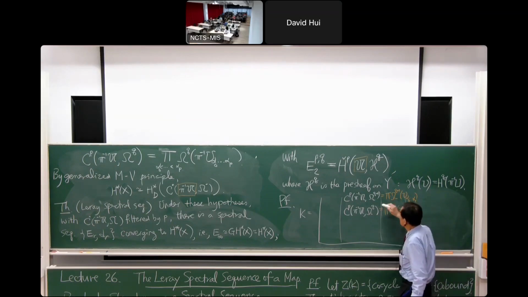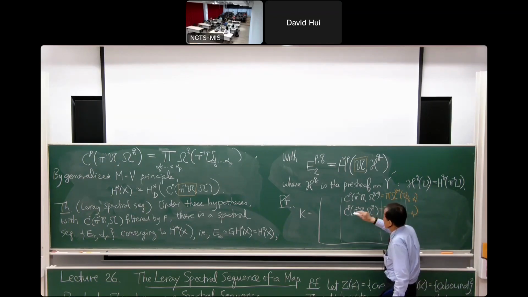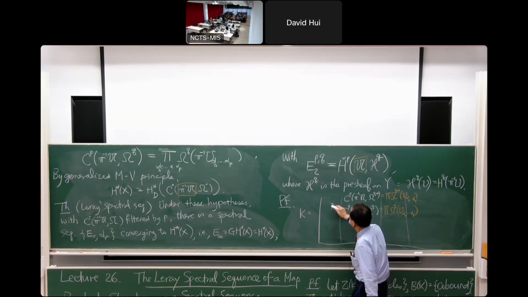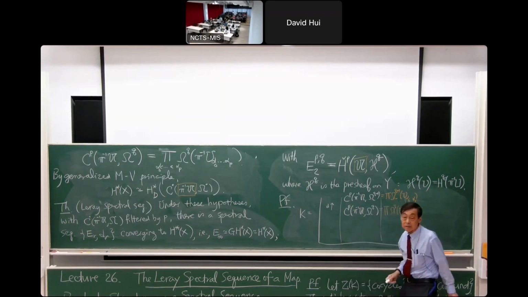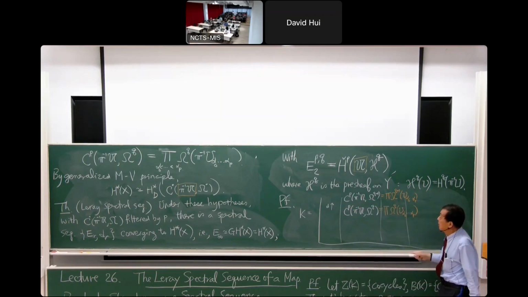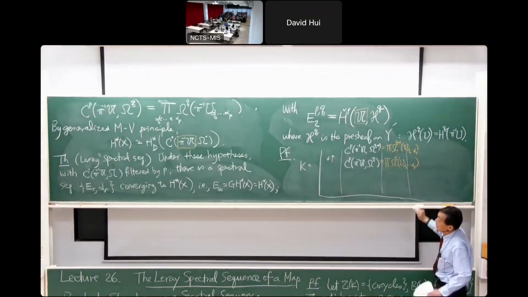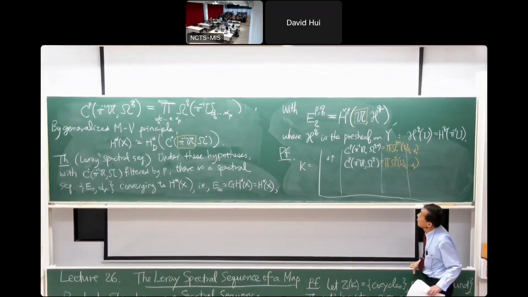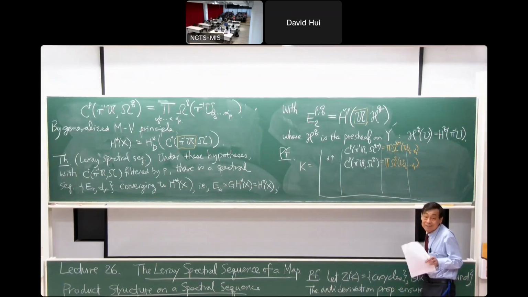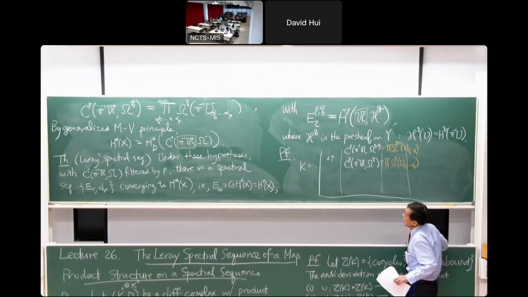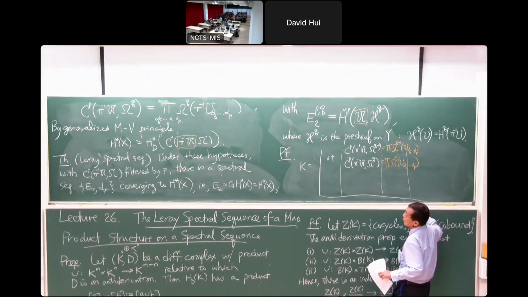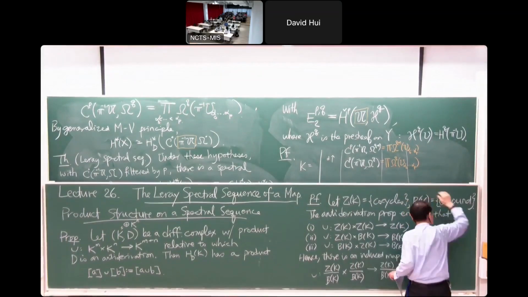And the map that goes up is little d. And we know that E1 is just H of little d.